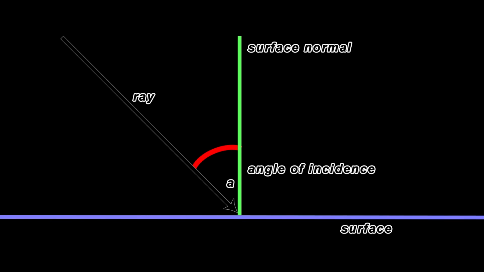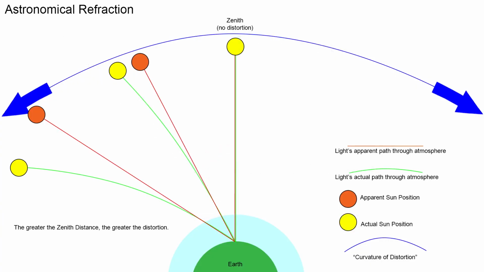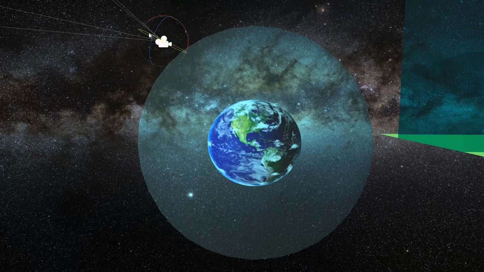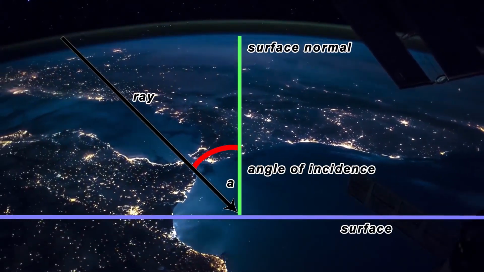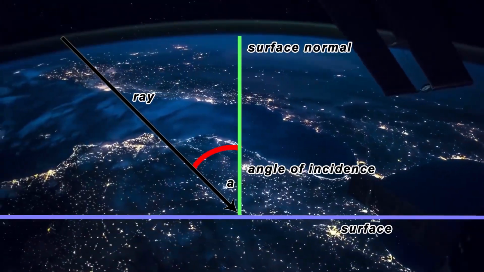Here's a diagram to explain angle of incidence. The normal is your zenith. When on Earth, this is the point in the sky directly above the observer, and when you're outside of the atmosphere looking back down to Earth, this is the point directly in front of the observer, the middle of their view.